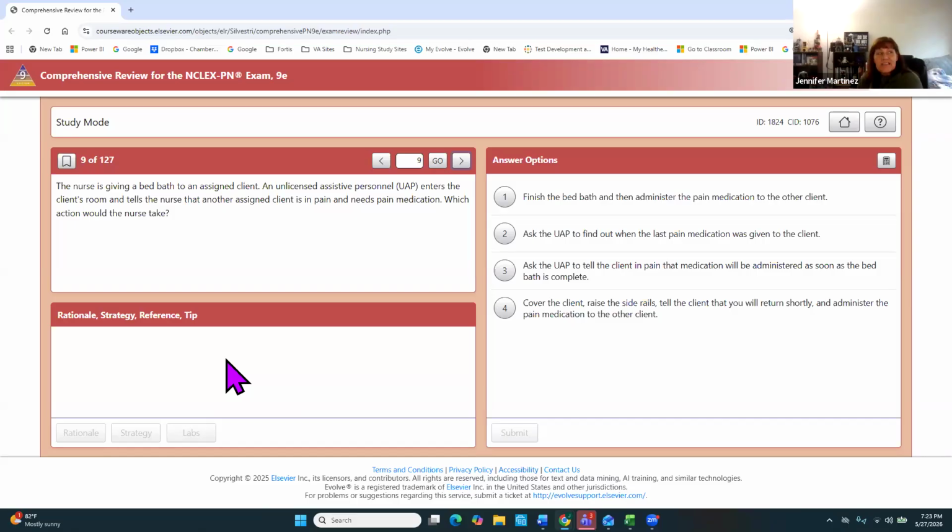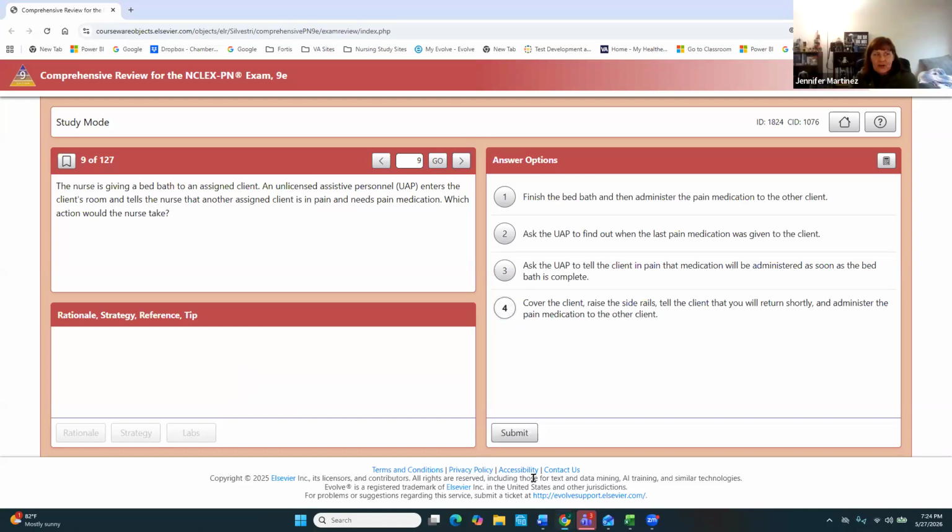Which action would the nurse take? 1, finish the bed bath and then administer the pain medication to the other client. 2, ask the UAP to find out when the last pain medication was given to the client. 3, ask the UAP to tell the client in pain that medication will be administered as soon as the bed bath is complete. Or 4, cover the client, raise the side rails, tell the client you'll return shortly, and administer the pain medication to the other client. I like this question. 4.